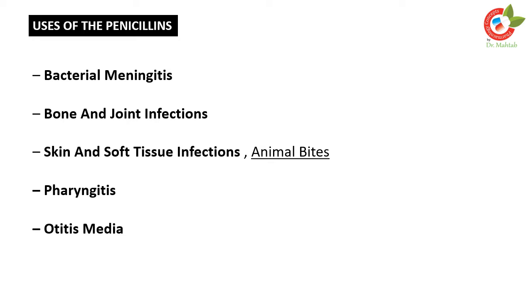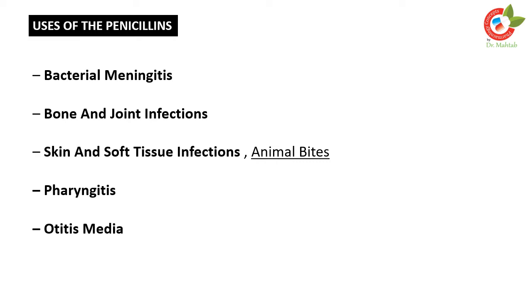Bone and joint infections, for example, caused by Staphylococcus aureus, are treated with flucloxacillin. Skin and soft tissue infections caused by Streptococcus pyogenes or S. aureus are treated with benzyl penicillin and flucloxacillin. In case of animal bites, co-amoxiclav or Augmentin is given.